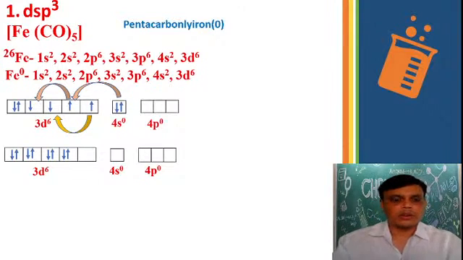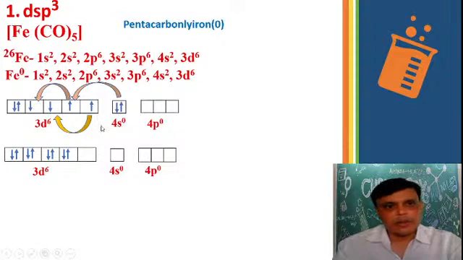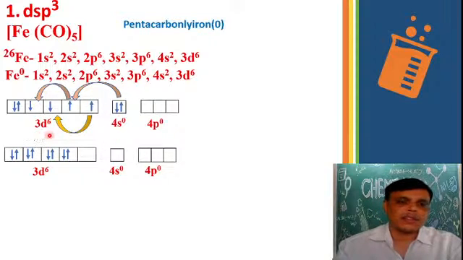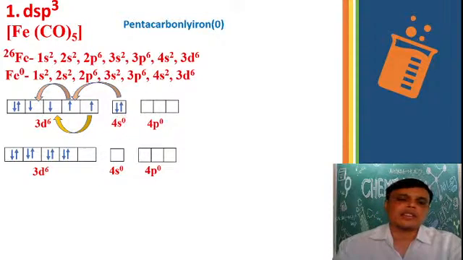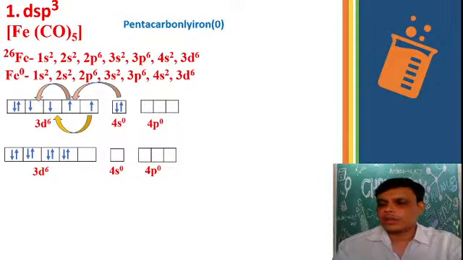Now Krishnapriya said that these electrons are travelling from the 4s to the 3d orbital. Now the 4s electrons are higher in energy, and these 3d orbitals are lower in energy. In the presence of carbon monoxide, which is a strong ligand, electrons can go from higher to lower energy to get stability.